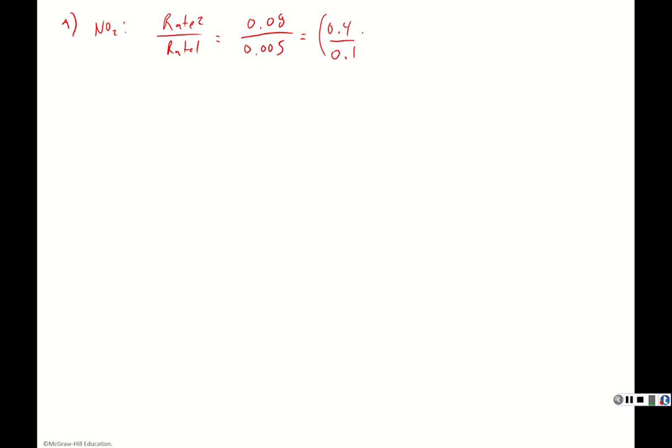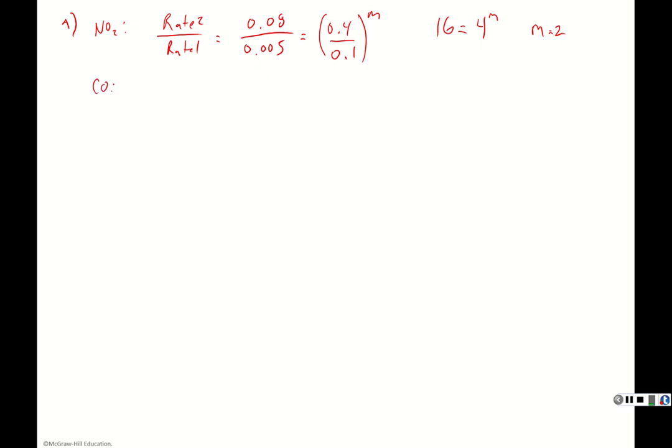And the concentrations were 0.4 divided by 0.1, so that's to the m power. When you do those fractions, the rate ratio is 16, and the concentration was 4 times different to the m power. So then by inspection, you'd see, what does m have to be? m has to be 2. So this is going to be second order with respect to NO2.